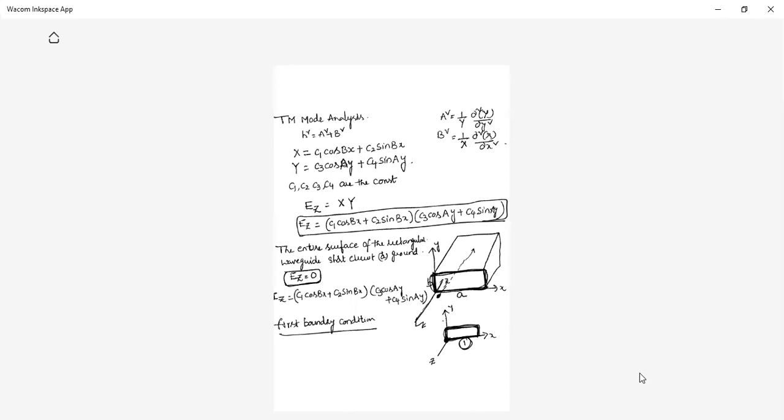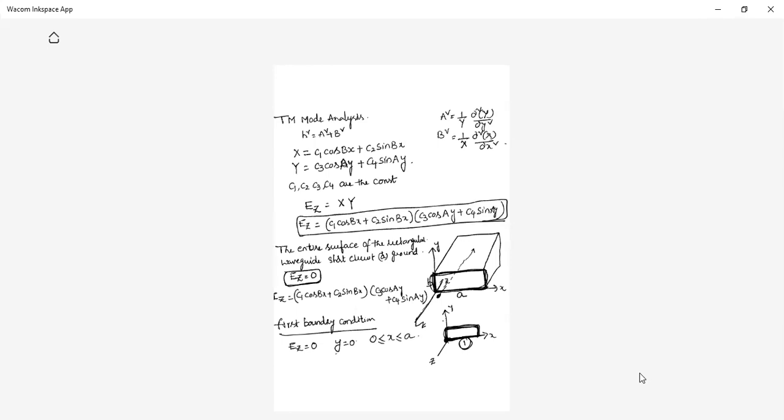So first I am taking this boundary, boundary 1, and applying the boundary condition for this. According to the boundary condition, Ez is equal to 0. What is the first condition for this boundary? Y is equal to 0, but the X value is varying from 0 to A. So I can write 0 is less than X is less than or equal to A.